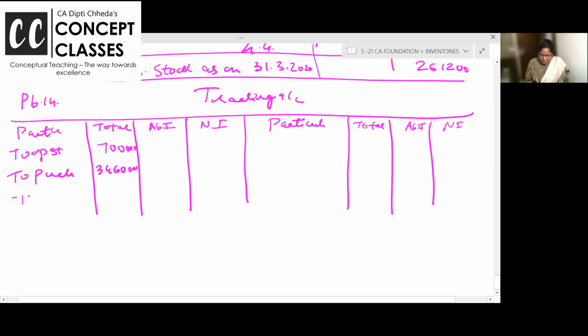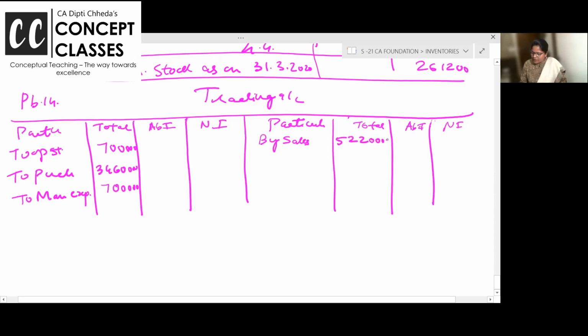What is your manufacturing expenses? 7 lakh. Sales. 52 lakh 20,000.